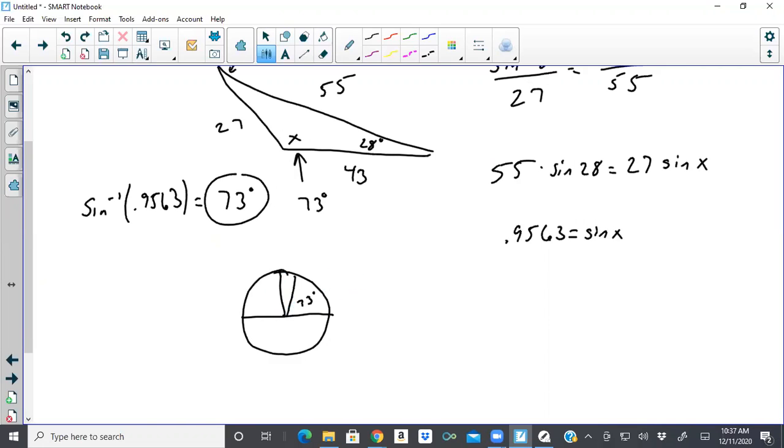And the other is going to be on this side, because these two values of sine, the y value here and the y value here, are going to be equal to each other. So basically what the calculator just did was give us the reference angle. It told us that the reference angle is 73 degrees. We just have to figure out what the other angle is. So this angle right here is actually 107 degrees. So the angle for x has actually got to be 107.